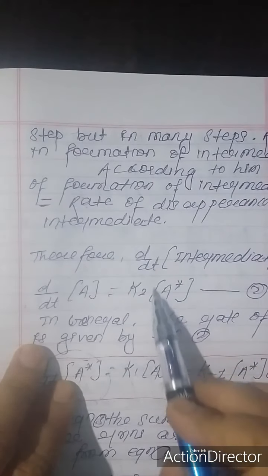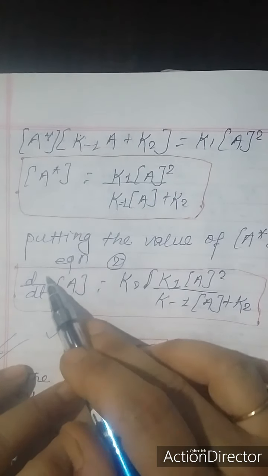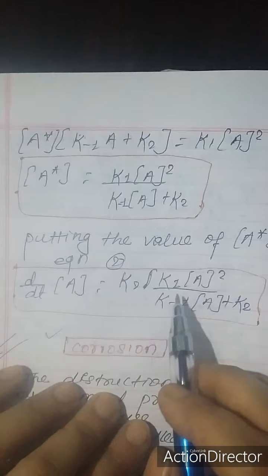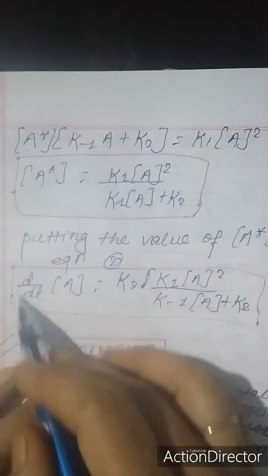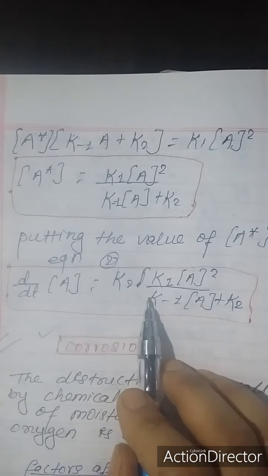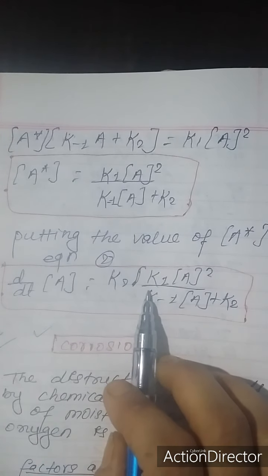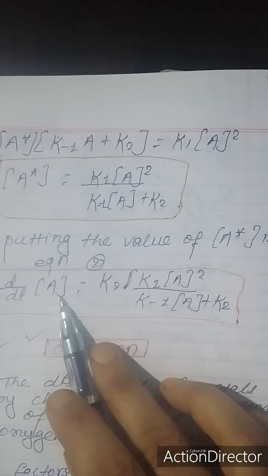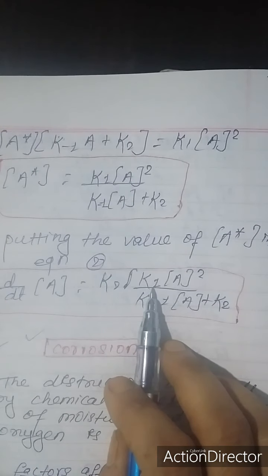So putting the value, you will see d by dt of A is equal to k2 k1 A square upon k inverse 1 A plus k2. Now in this equation you can see there is no A star, that is the intermediate; the concentration of the intermediate is not coming. So as a whole the rate equation does not depend on the concentration of the intermediate. This was what was explained by Lindemann.